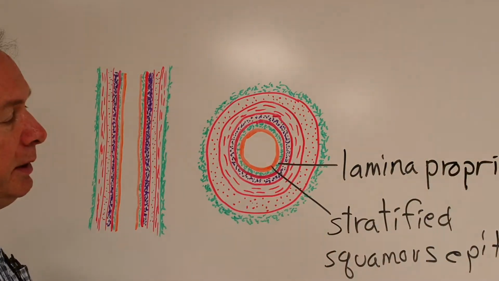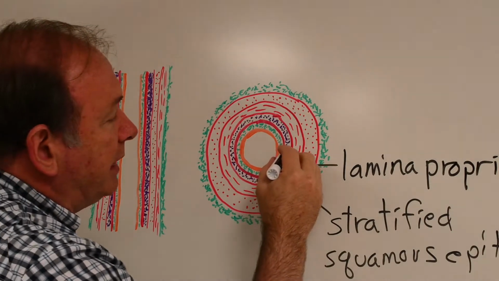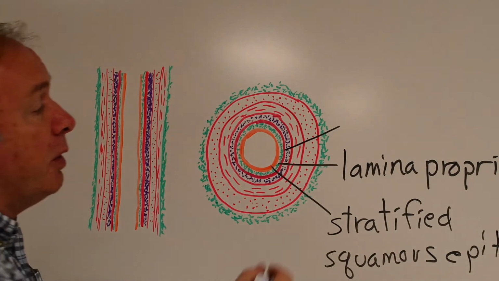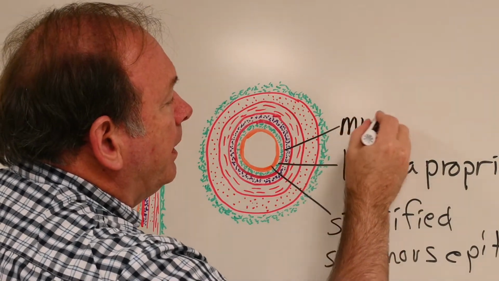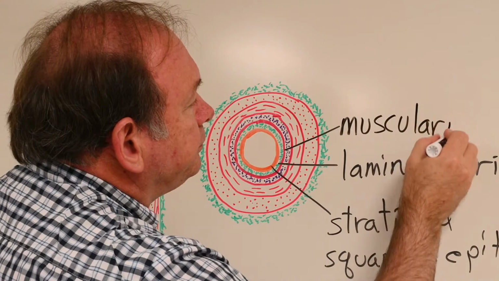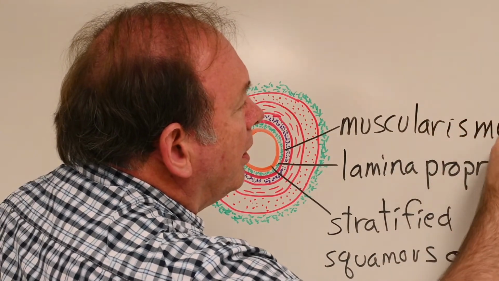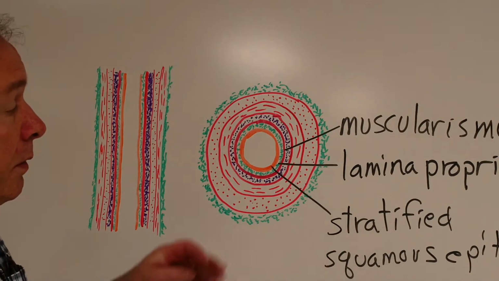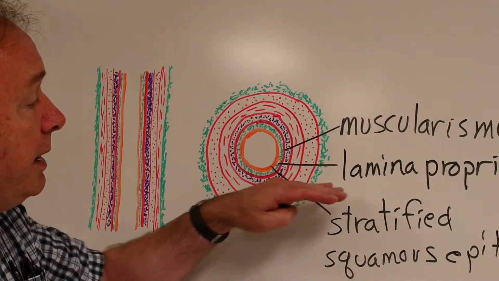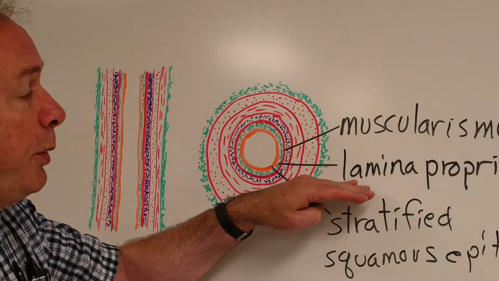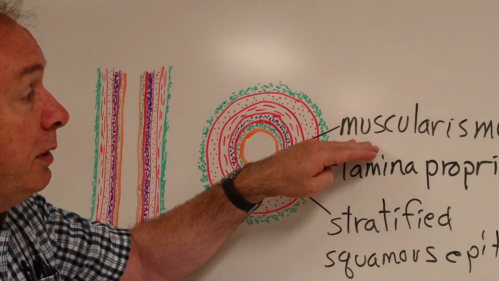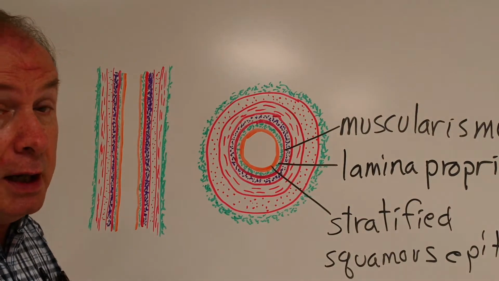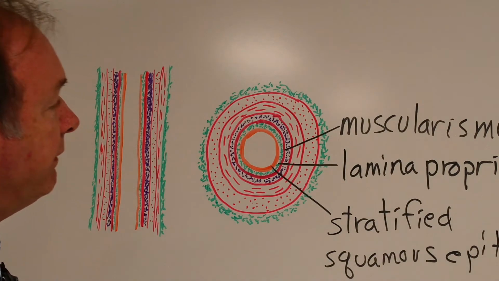Next to that is a layer of smooth muscle. This particular layer of smooth muscle is called the muscularis mucosa. Those three things, the epithelium, the connective tissue of the lamina propria, and the muscularis mucosa, together make up what we call the mucosal lining, the mucosa of the esophagus.